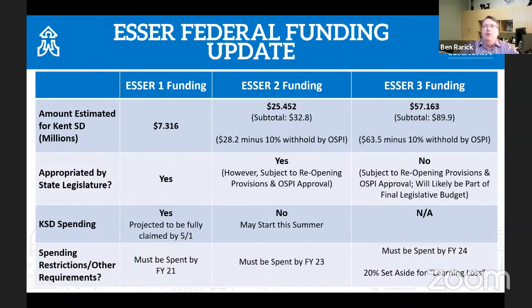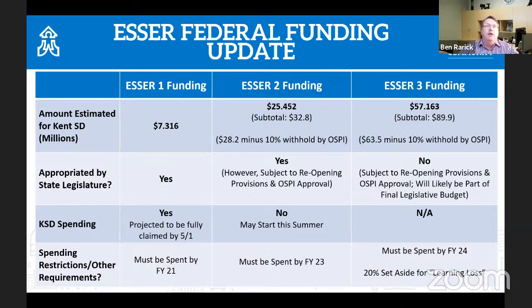It's likely that we'll only access about 25.4 of that because there's a 10% carve out for OSPI. So I want you to understand why you might see two different numbers. And the same holds for ESSER 3. The number you typically see is 63.5, but 57.2 is probably the maximum that we'll be able to claim.